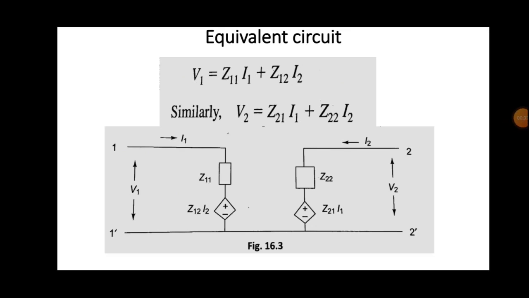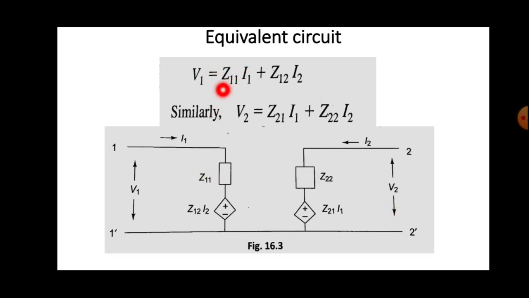Here we are taking the equations for V1 and V2 and transferring them into circuit form. First we take the first equation, in which V1 is obtained by the addition of two terms. At the input side, we first mark two ports, 11 dash and 22 dash, and then V1 will be contributed by Z11 I1.